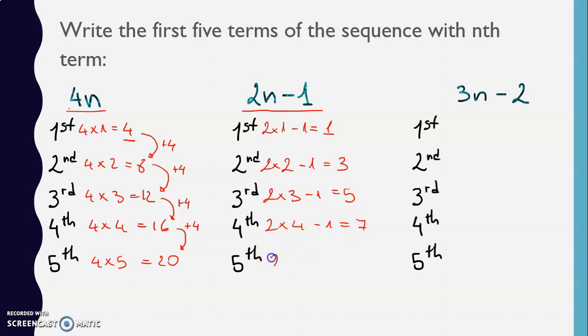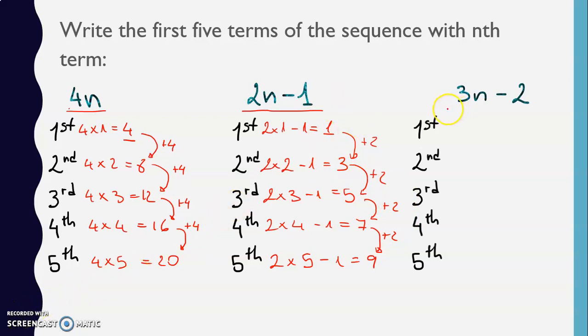And then 2 times 5 minus 1, which is 9. So the first 5 terms of this sequence are 1, 3, 5, 7, 9. And as you can see, the difference between terms is plus 2, plus 2, plus 2, which makes this another example of an arithmetic sequence.